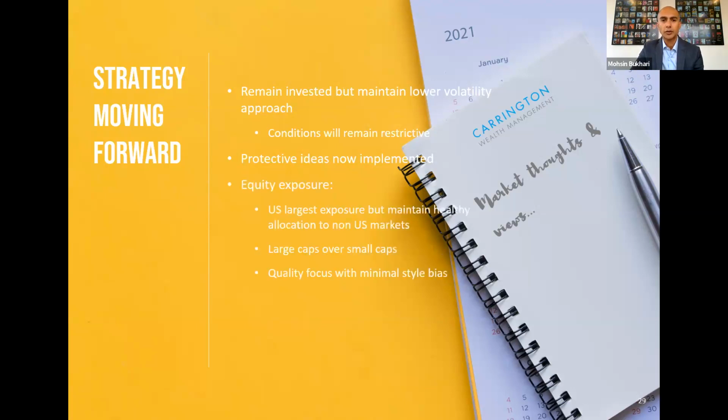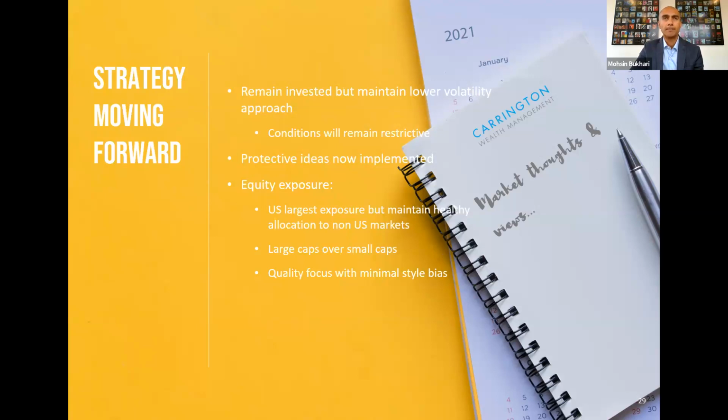In terms of equity exposure, again, US is still our largest exposure, which clearly has been helpful this quarter. However, we are maintaining a healthy allocation to other markets, and as I mentioned, the Chinese are in a position to ease monetary policy, which should be supportive of their own economy and of the local region.